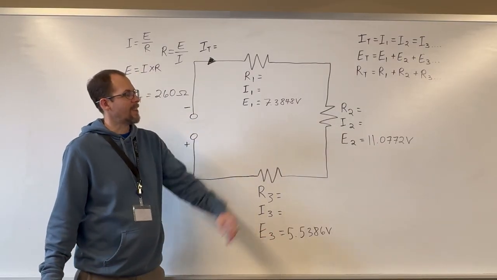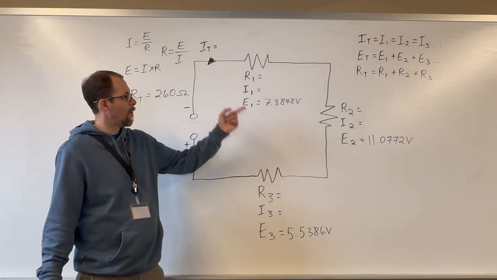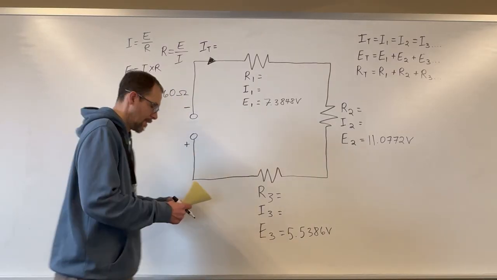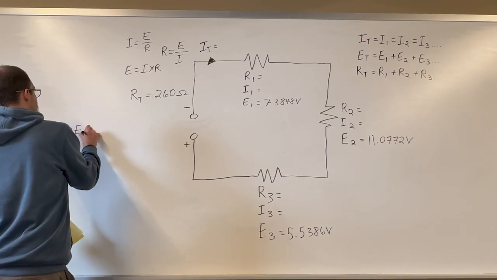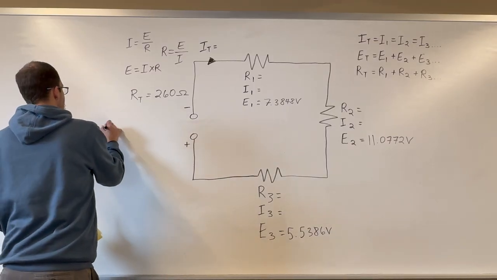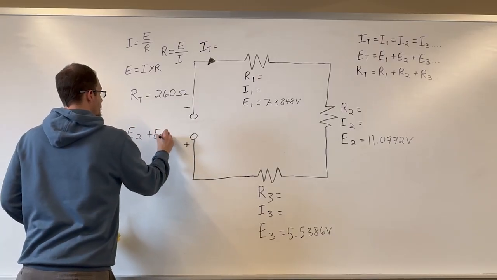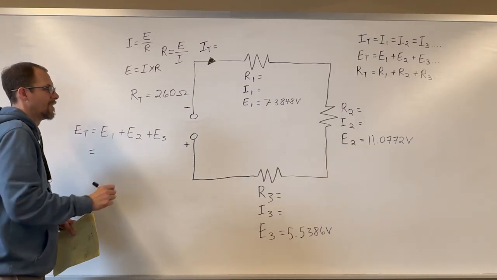What does our rule say that we can do? We can find E total by E1, E2, and E3. That would be my first suggestion. Let's find our E total. E total equals E1 plus E2 plus E3. Why don't you do that right now?